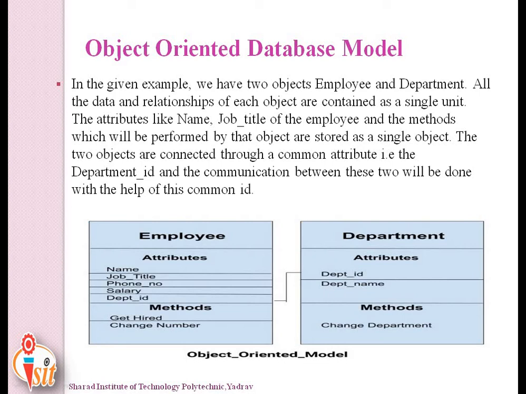The attributes like name and job title of the employee, and the methods which will be performed by that object are stored as a single object. The two objects are connected through a common attribute, that is the department ID, and the communication between these two will be done with the help of this common ID.